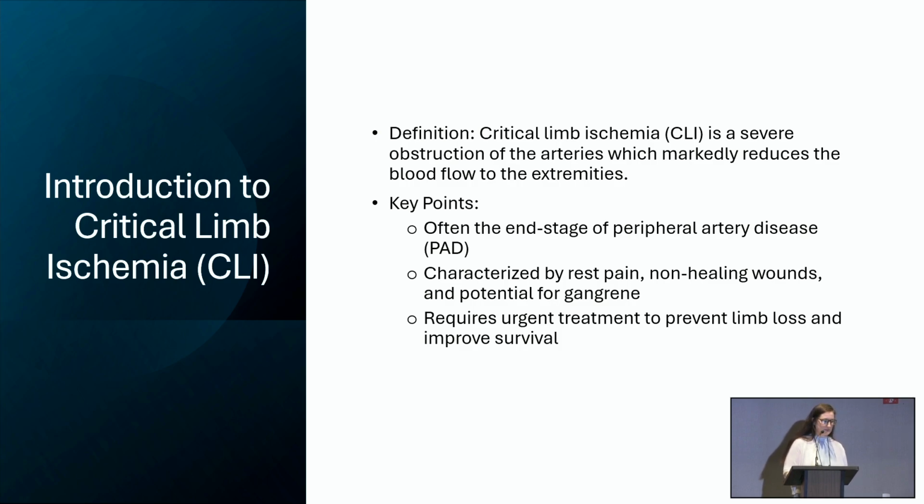It is characterized by rest pain, non-healing wounds, and then potential or actual gangrene. A lot of times it does require urgent treatment, or these patients are going to lose their limbs, which, as we've talked about, really increases the risk of death.